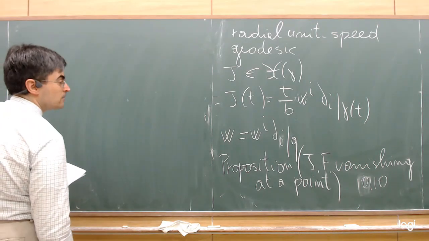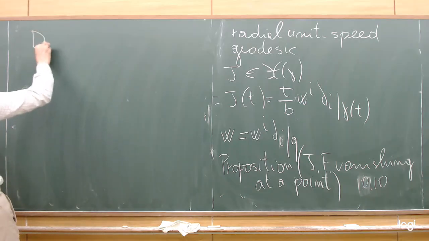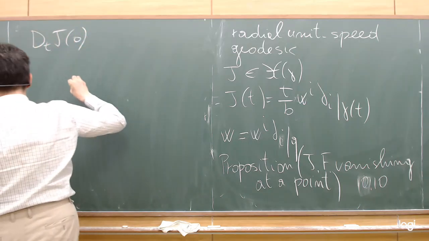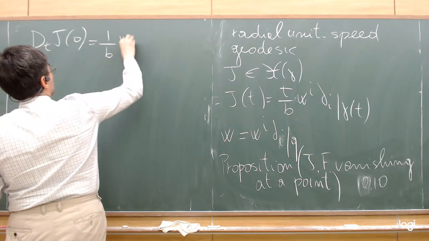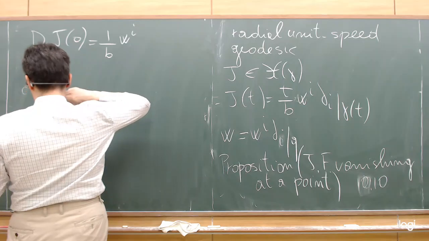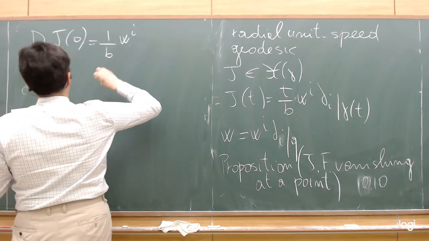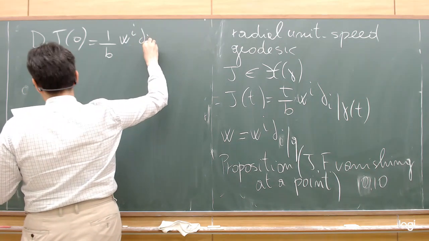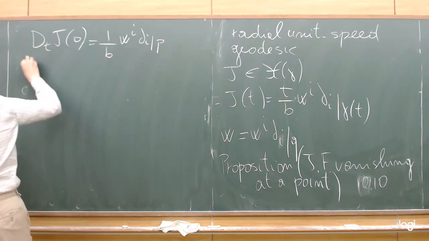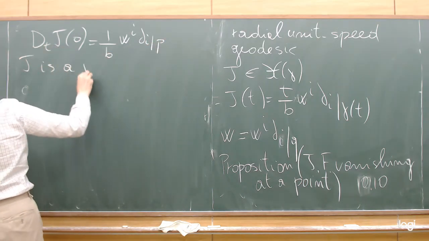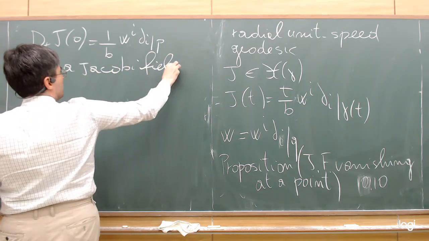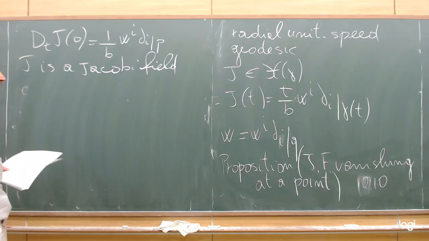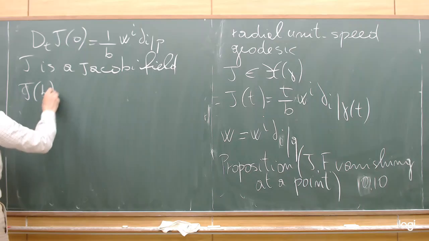That D_t J at 0 is 1 over b W_i ∂_i at P, and J is a Jacobi field. And from the definition, it is clear that J at P is W.